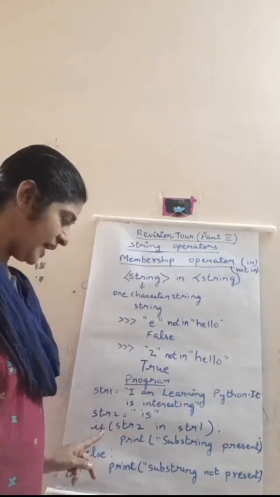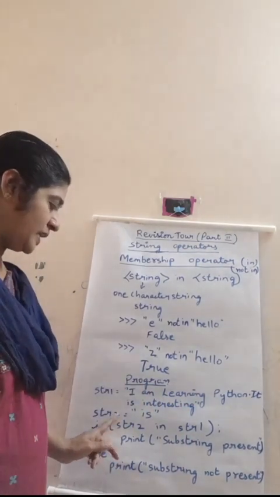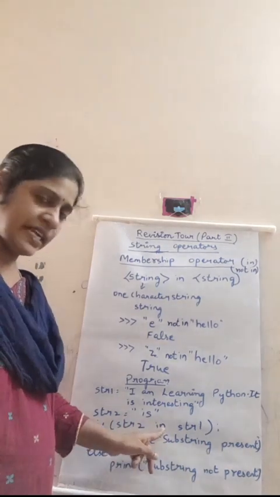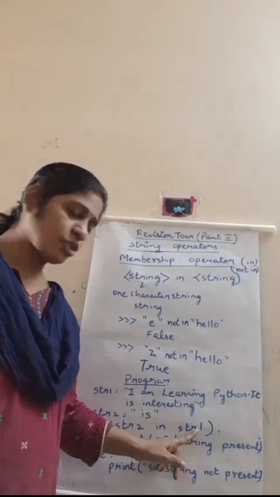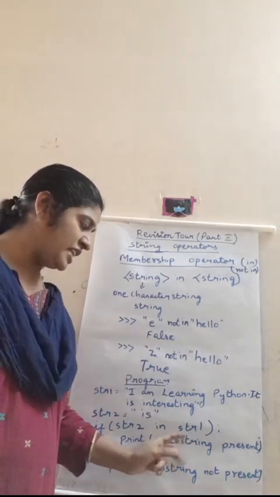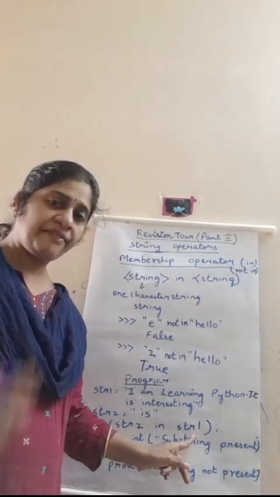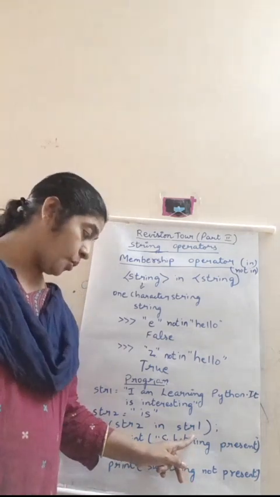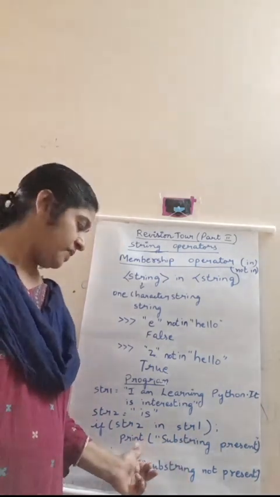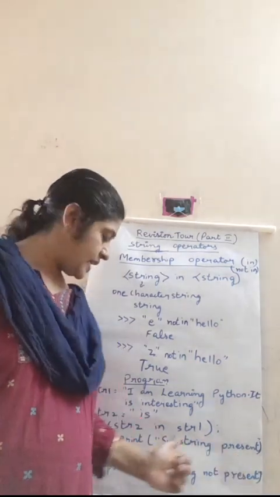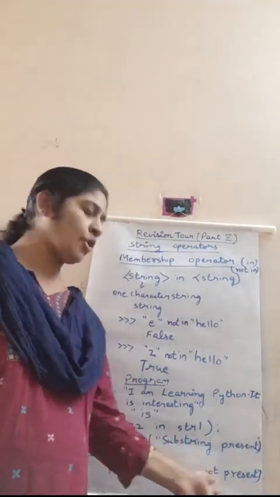I am using the in operator to check whether str2 is present in str1. If it returns true, I am going to display the message print substring present, else print substring not present.